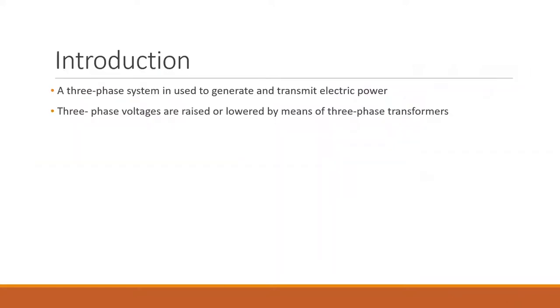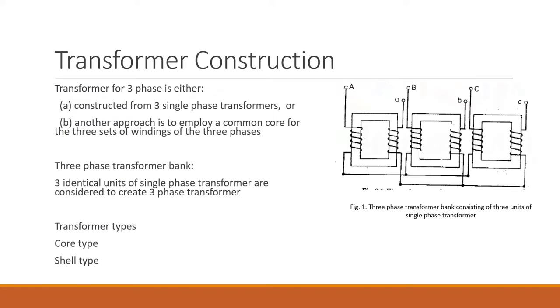So the purpose is already understood, that it is going to increase or decrease the level of voltage. So basically, from one level to another level, voltage is changed by means of transformer, or it could be three-phase transformer.